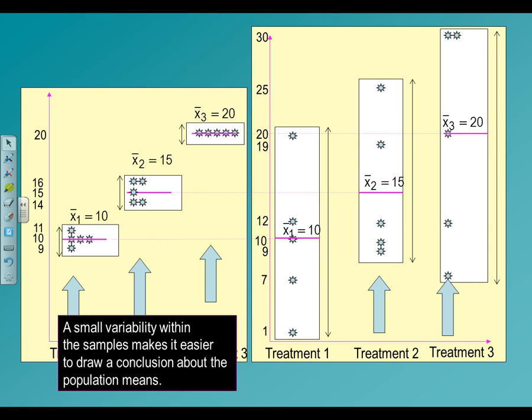Bottom point on treatment 3 over here really should be up a little bit more. It's an 8. Take my word for it.